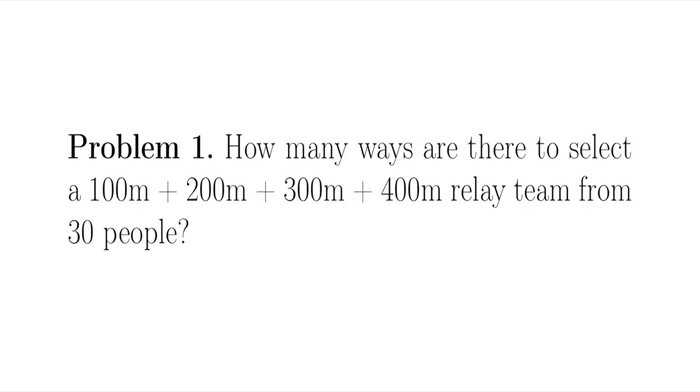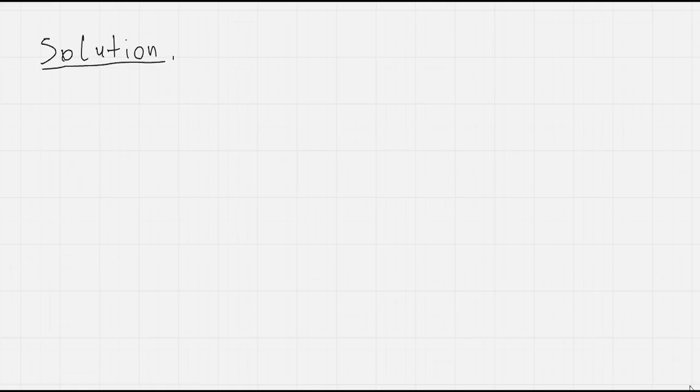Let's solve a couple of problems. Problem 1. How many ways are there to select a 100 meters plus 200 meters plus 300 meters plus 400 meters relay team from 30 people? Solution.